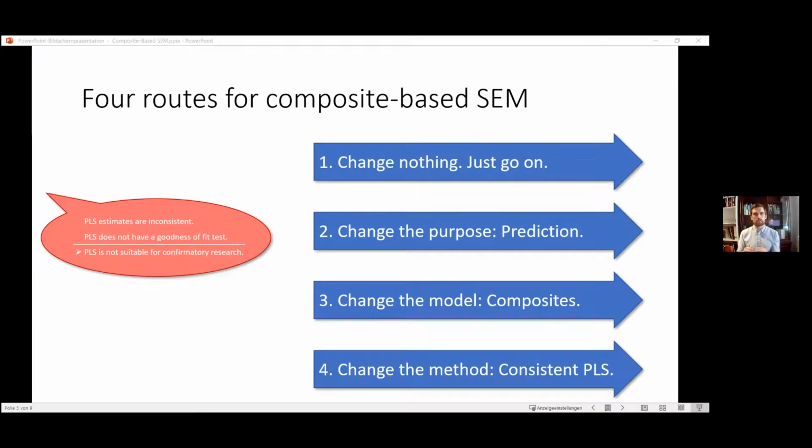If we have actually specified the population model, which is highly unlikely, well, then we should use CB-SEM. I would say that because then you get the correct estimates. The problem is that we don't know that. So we need to understand what kind of differences there are in robustness between, for example, PLS and CB-SEM.